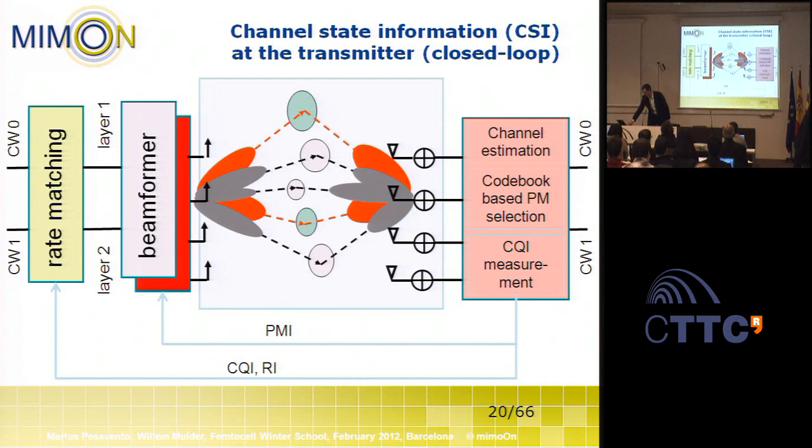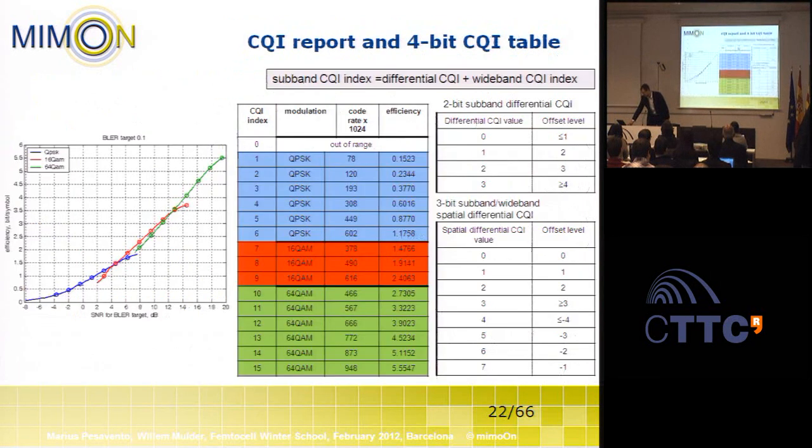So how do we select the precoding matrix? In the user equipment, this is done based on measurements that are carried out. In fact, at the user equipment, for each possible stream, the SNR and SINR measurement is carried out.